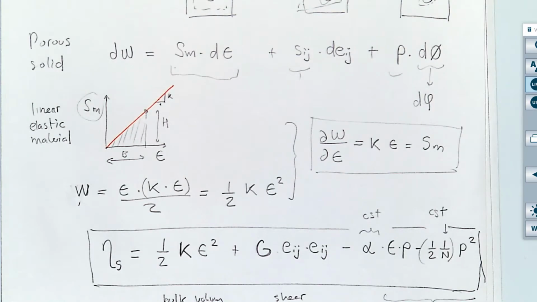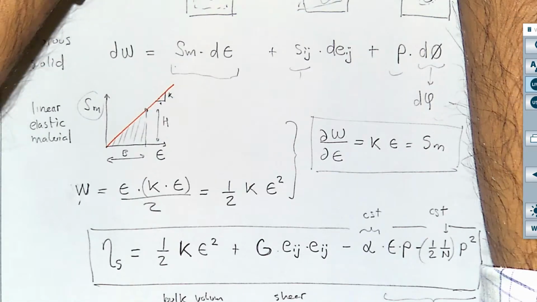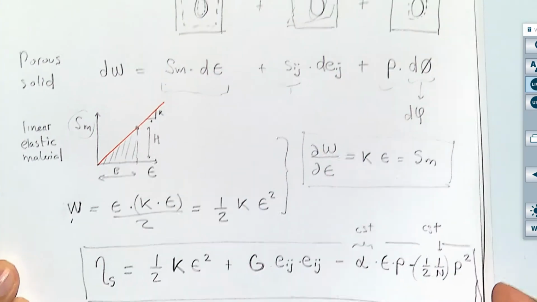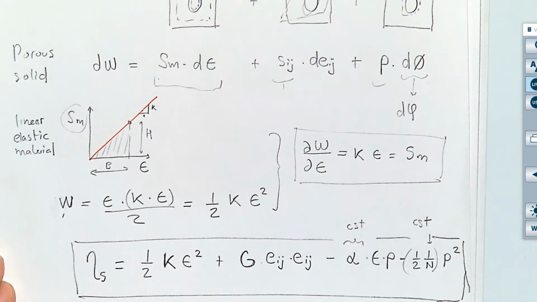And we're going to do the same thing, but now apply it to this long equation. So we not only get the mean stress, but also the shear stresses, and also the variation of the energy of the solid with pore pressure. And once we do that, we'll get all the equations that we need in order to explain the deformation behavior of this porous solid.